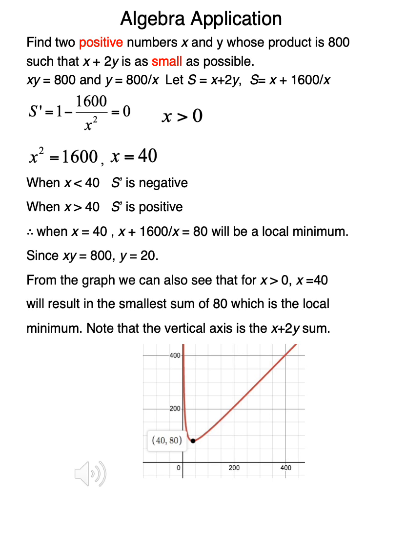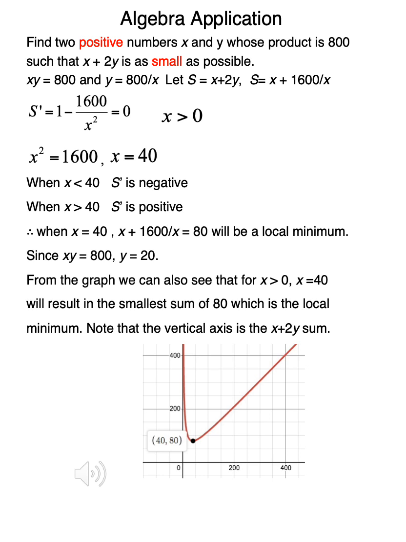That tells us that at the critical value of 40, we are going to have a local minimum, and the local minimum will be what we get when we put 40 into the function for the sum x plus 2y, which we're using in terms of the one variable x, which comes out to be 80, and that will be the minimum value for their sum.